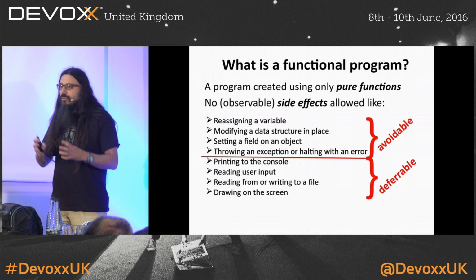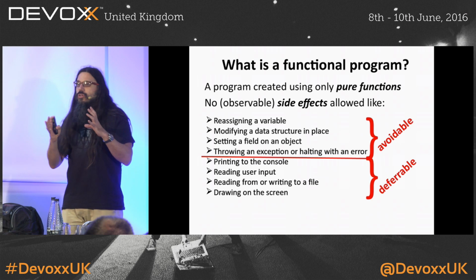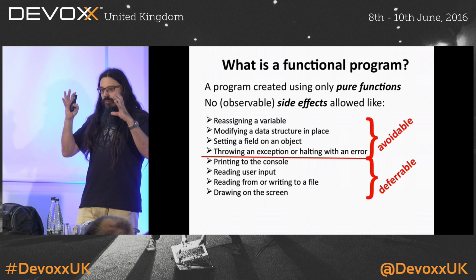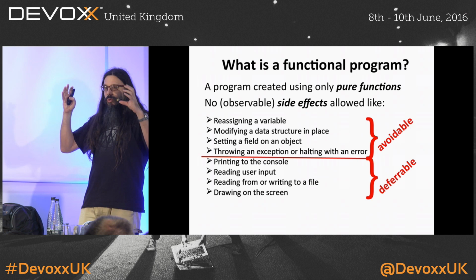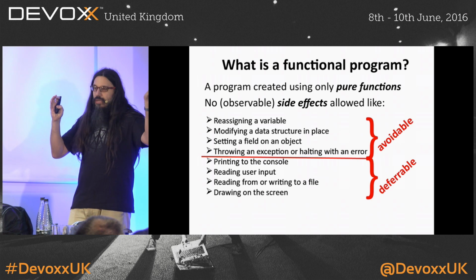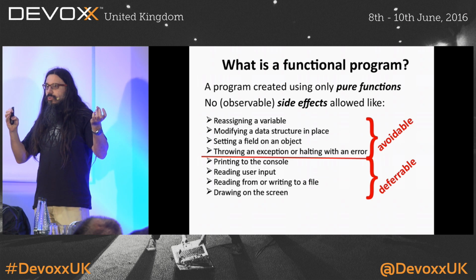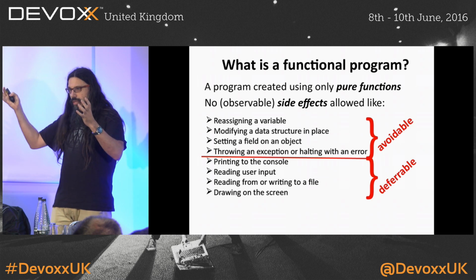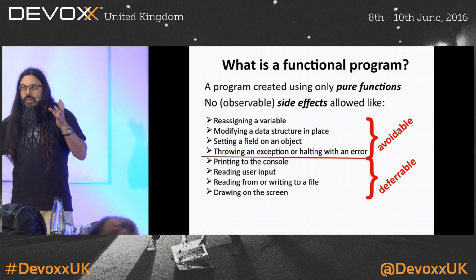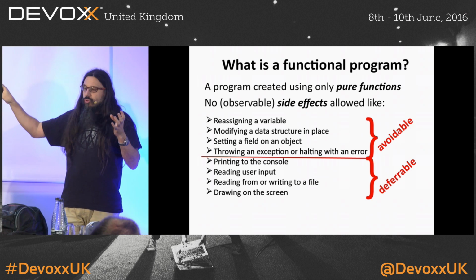Well, what does this mean? It means that the core of your program can be made of pure functions, and at the extremities of your program, you do a non-pure task that is, for example, gathering the input, and at the other extremity, you do another small non-functional task that is producing the output.